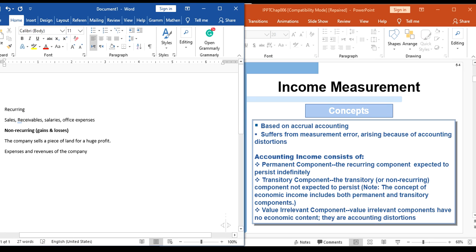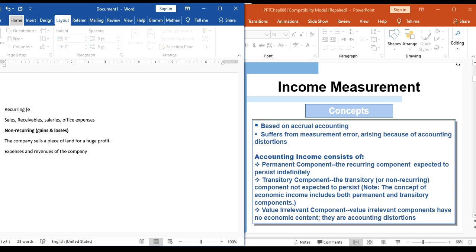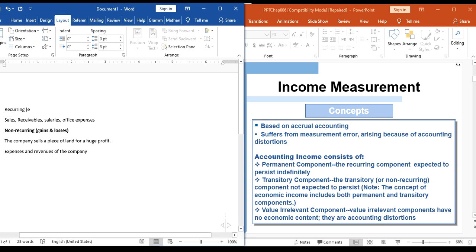Whenever we talk about recurring, we have here expenses and revenues. Okay, so that's the accounting income, which consists of that.